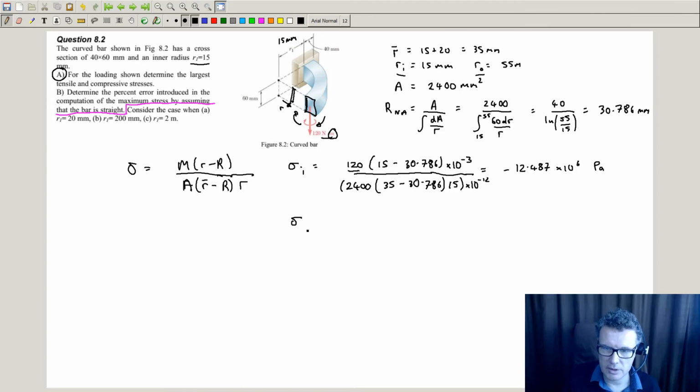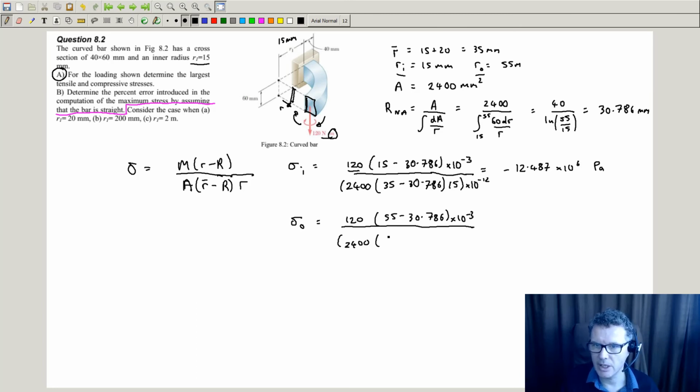And then for the outer, same thing, just different numbers. A bit tedious. 55 this time. Convert that to SI units. So lesson learned here, be careful when you have introduced a different unit there.